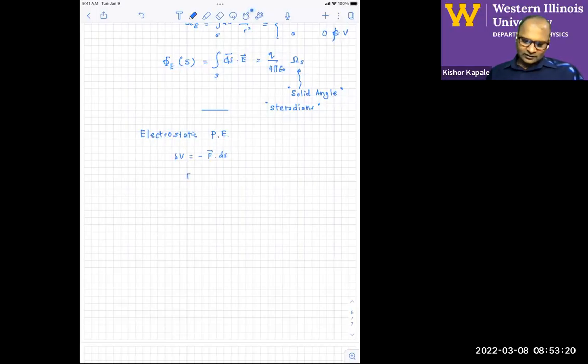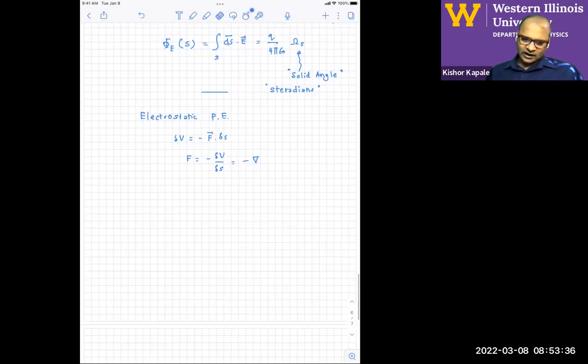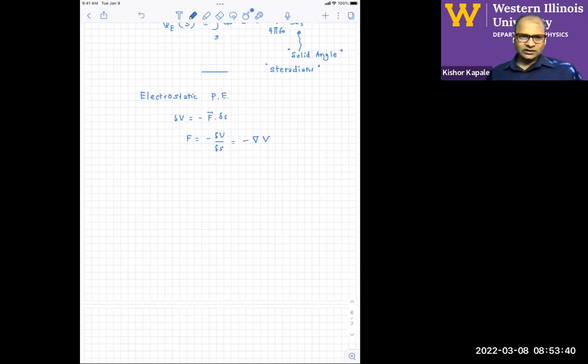F, then you can write it as negative delta V over delta s, let's just do infinitesimals, not derivatives. That is essentially the negative gradient of some potential, right? So the change in the potential energy.